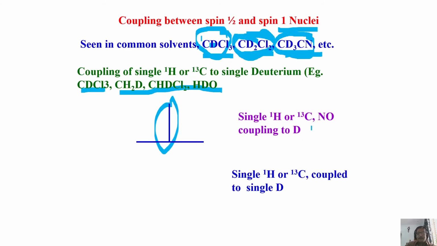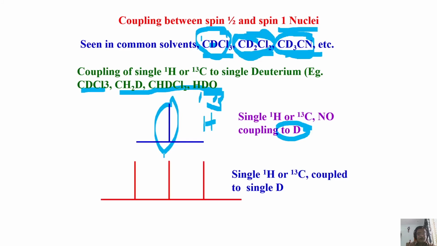Now I am bringing deuterium coupling into it. You understand? Whether it is CHCl3, when I look for carbon-13 or proton, does not matter. I get only a single peak. The moment I bring in the coupling, it will be a triplet. Not triplet. Triplet is a wrong word because triplet is 1:2:1 in NMR jargon. It is 3 lines of equal intensity. Why 3 lines?